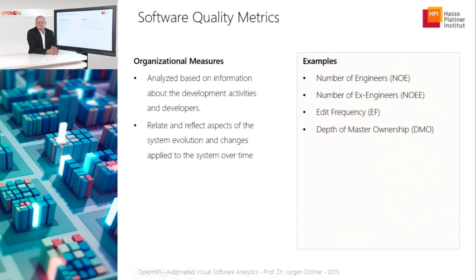Typical examples for those metrics include the number of engineers that have been active in developing a given module, or the number of ex-engineers. Also, the edit frequency is an important measure related to the evolution of a software system, or the depth of master ownership. We have seen these three categories and related metrics. Some of them will be subject to individual parts of this course as well.